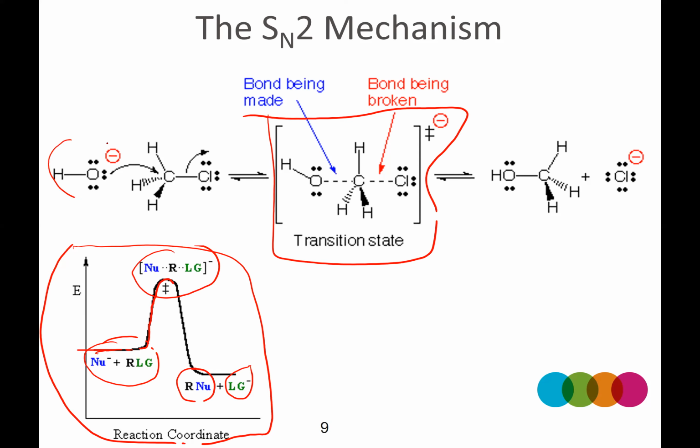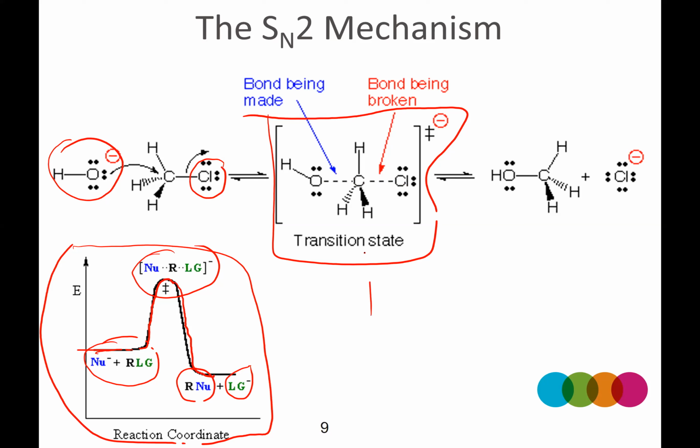The nucleophile here is hydroxide ion, and the leaving group is chloride. At the top of the hill, there's a partial bond to the hydroxide. The dashed line indicates a partial bond. And the bond to the leaving group is breaking. The partial bond indicates also a bond that's breaking. So in the transition state at the top of the hill, the hydroxide is forming a bond and the bond to the chloride is breaking. As you continue down the curve, more and more bond formation to the hydroxide, more and more bond cleavage to the chloride until you get to the product, okay?